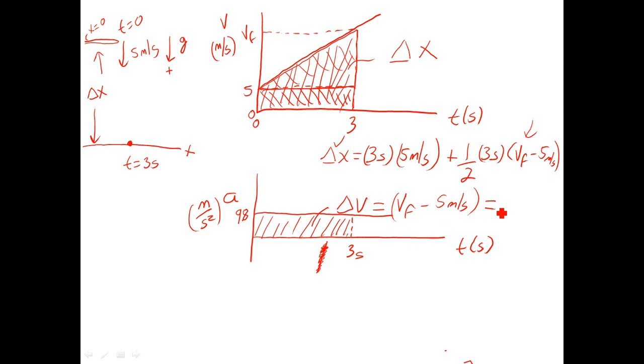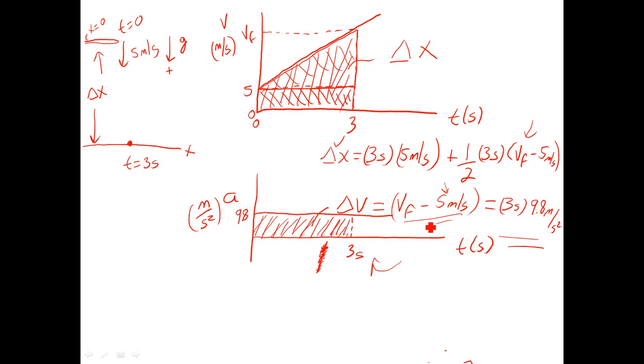And if we look at the area, we also have it equal to 3 seconds multiplied by the height, which is 9.8 meters per second squared. So this part here comes out of this part here. That's the area. And this is just the definition of delta v. It's the final velocity, which is the velocity at 3 seconds. And the 5 meters per second is the velocity at t equals 0.